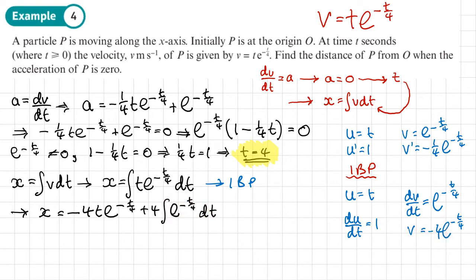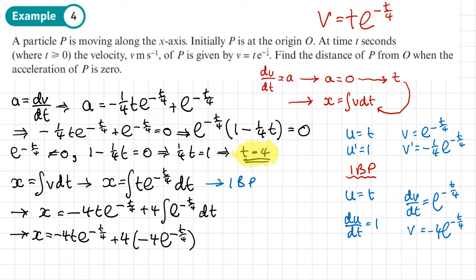We've already integrated it. So x is equal to -4t e^(-t/4), and then we've got 4 lots of this, so minus 4 e^(-t/4).